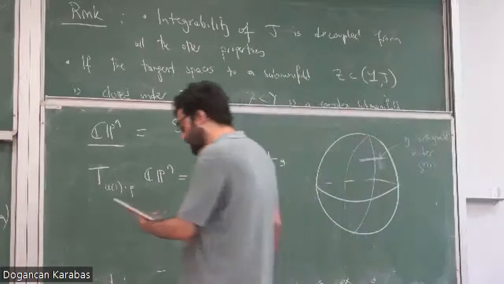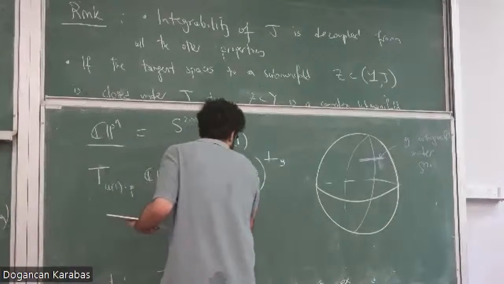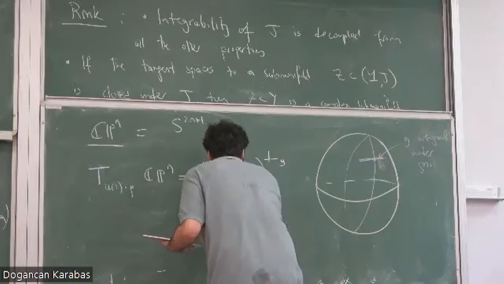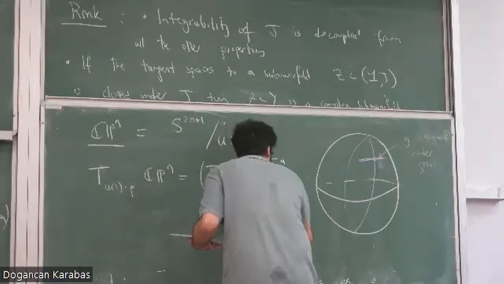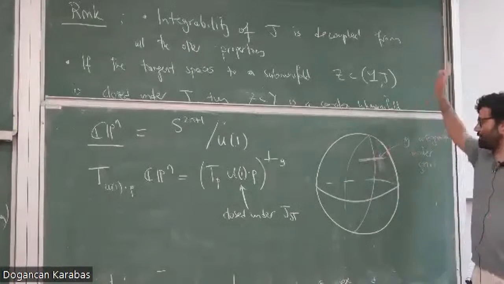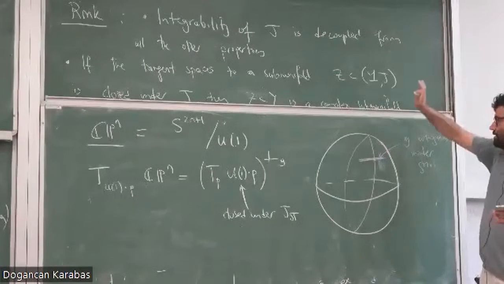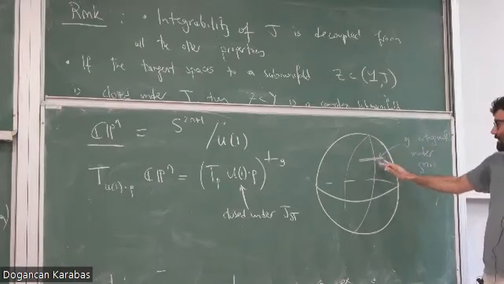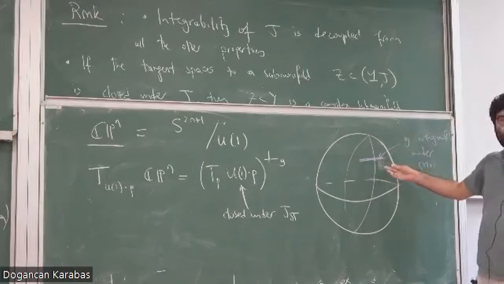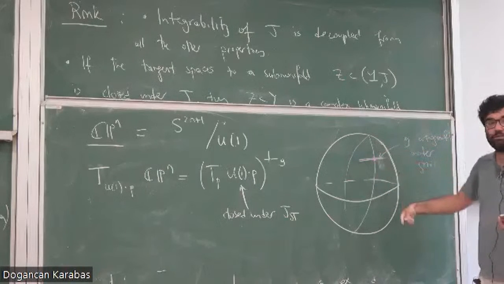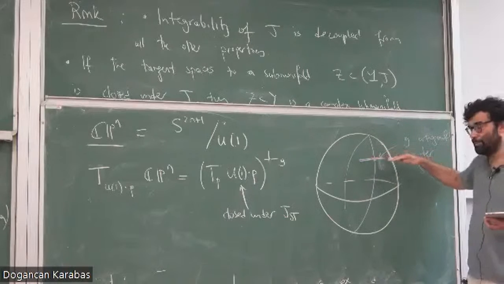Okay, so now this guy over here is closed under J standard. Okay, so there is a J. This is a subspace of the tangent spaces of C^(m+1). And this one you can check is actually closed under J, because there's this radial direction which is mapped to the direction of this orbit, and everything else is in this perpendicular.